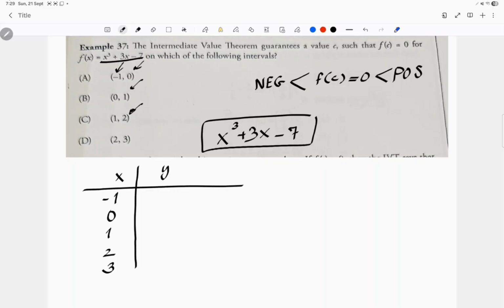Tell me the y values, please. It's -11, -7, -3, 7, and the last one I didn't do because I figured out the answer. We go from -3 to 7, right? And this happens as x goes from 1 to 2.